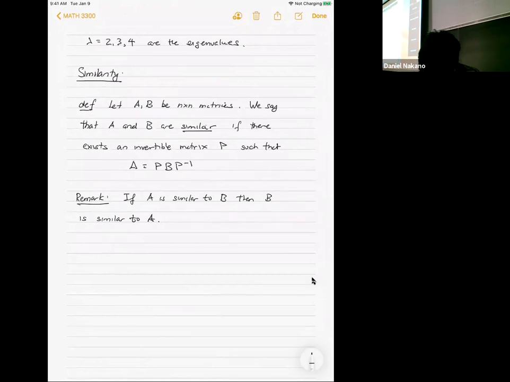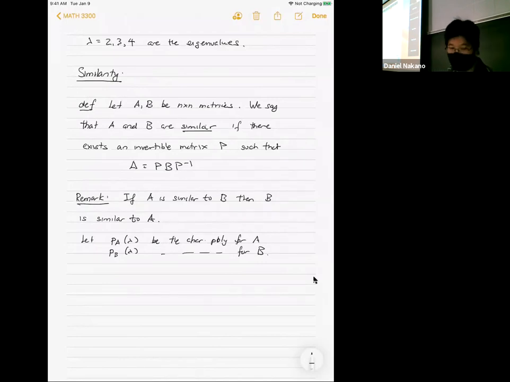Now let p_A of lambda be the characteristic polynomial for A, and p_B of lambda be the characteristic polynomial for the matrix B. Now let's analyze the characteristic polynomials if A and B are similar.